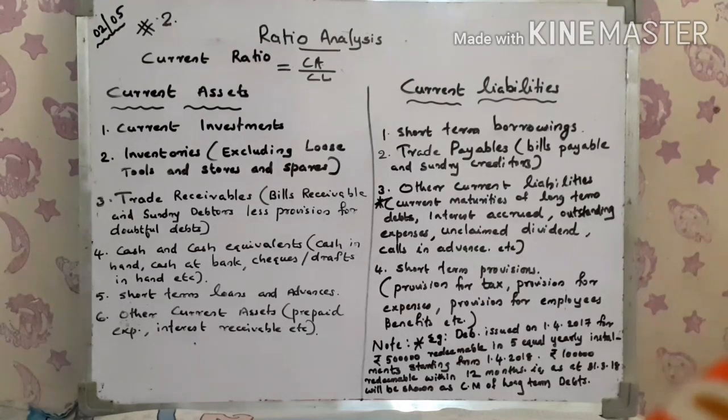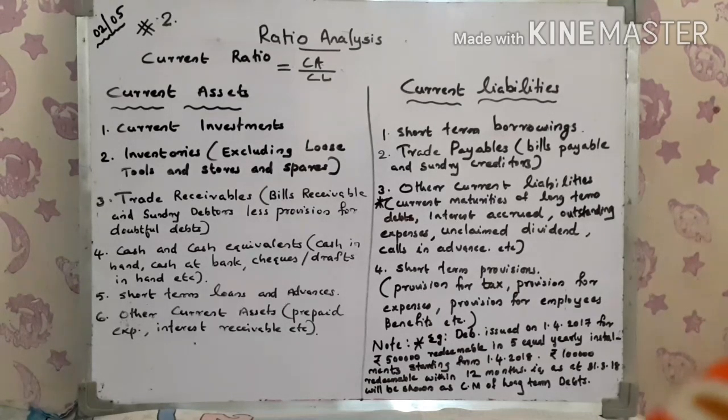That 1 lakh rupees repaid within that 12 months comes under current maturities of long-term debt. The rest, 4 lakh rupees, we consider as long-term borrowings.